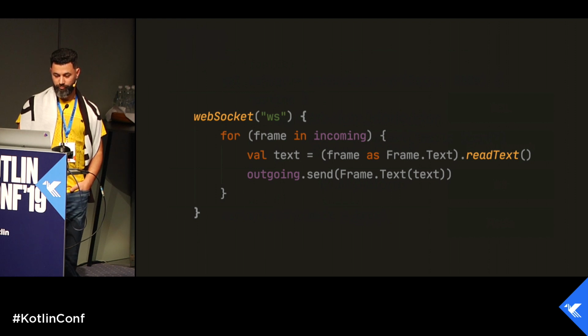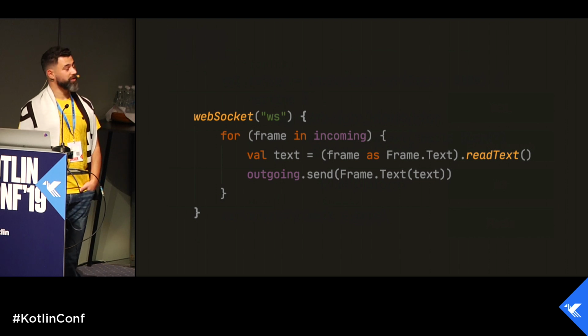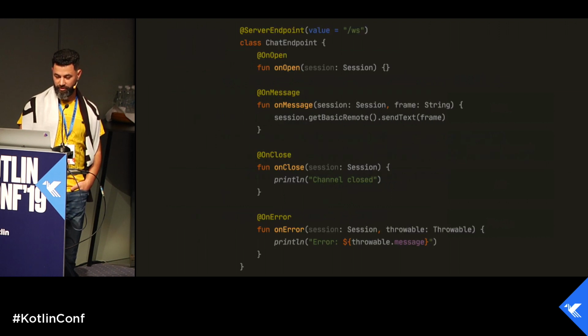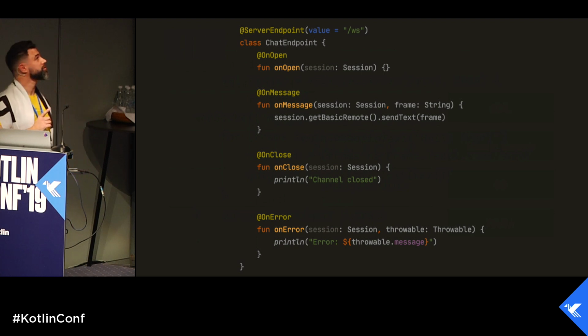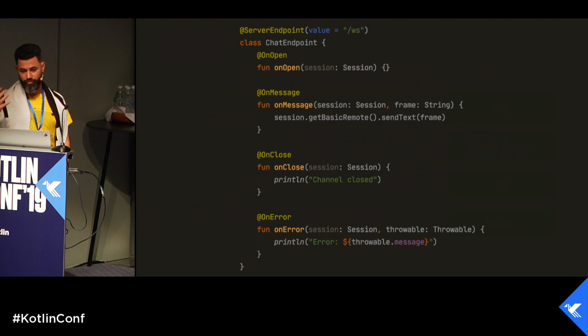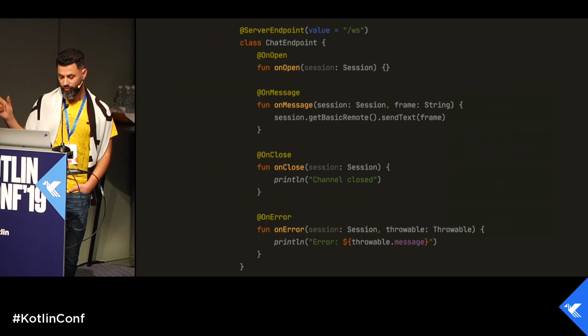Ktor supports WebSockets. It looks like this. You just assign some lambda to a URL, and there is a socket. The cool thing here about Kotlin is that because of coroutines, you can have code like this, where you would otherwise need to define an endpoint and say what happens on open, on message, and so on.